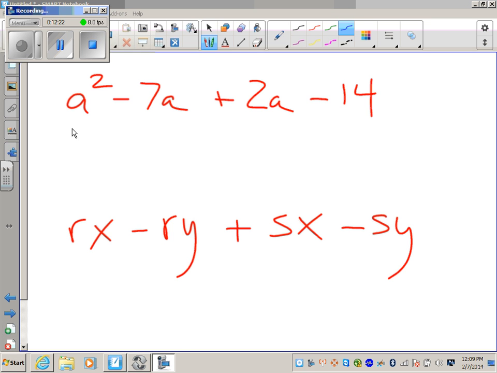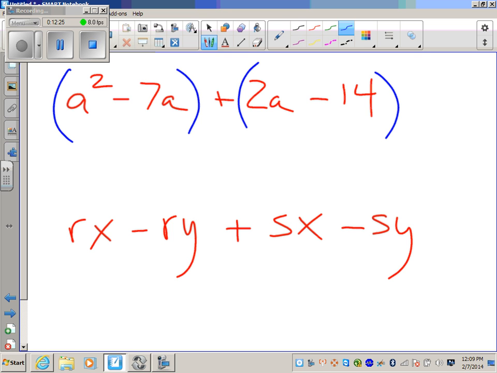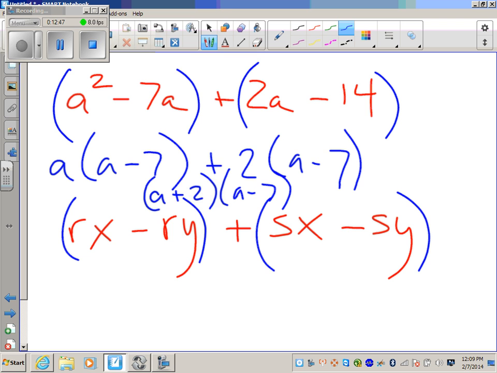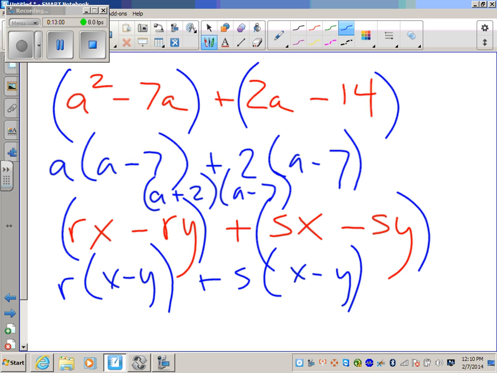Keep them. a and a minus 7, and 2 and a minus 7 should have given us a plus 2, a minus 7, right? Yeah? So rx, ry, sx, sy, so r and x minus y plus s and x minus y. So we should have r plus s, x minus y. Yeah?